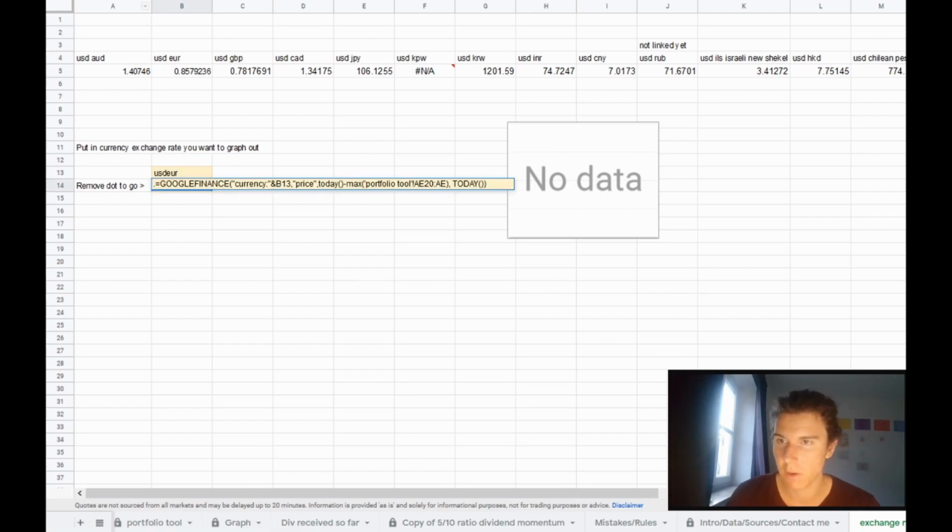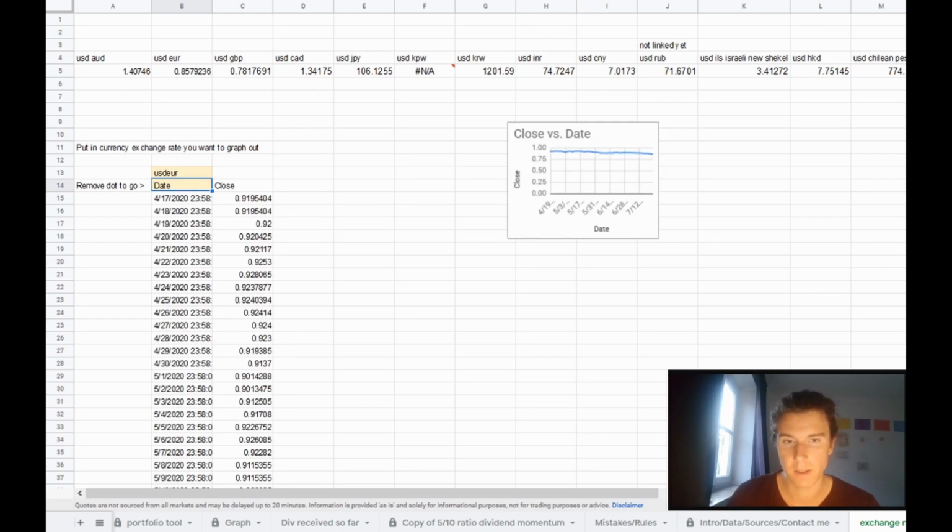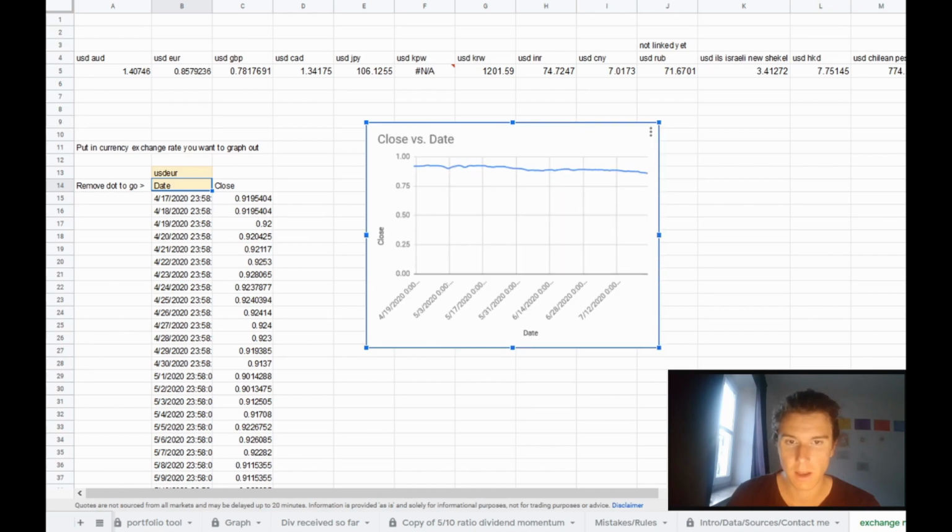If you want to see a graph about the currency exchange rates, you remove this dot that's at the start, and then this sheet loads, and you see how the price changed from the first time you bought a stock to now. If you look at the currency exchange rate, the US dollar to euro downgraded a bit since I first started buying stocks.